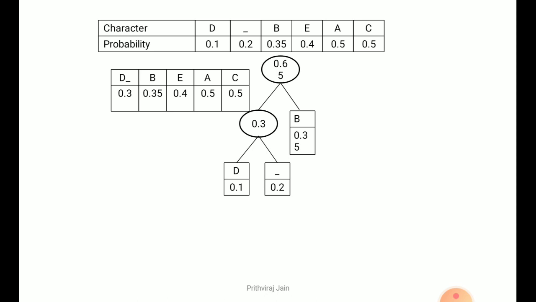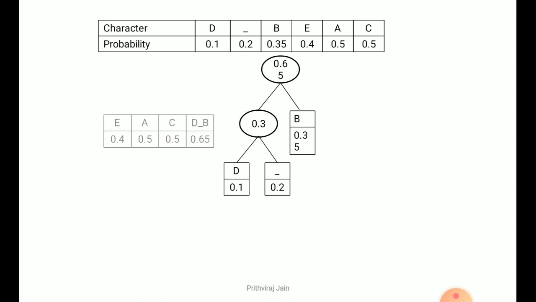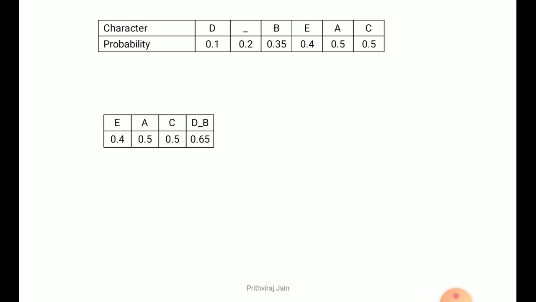Add this new node data into the existing list. Now, in sorted order, we get 0.4, 0.5, 0.5 and lastly 0.65 that we obtained just now. Next, again we take the minimum two frequencies, that is 0.4 and 0.5, so nodes E and A. Construct a binary tree for this.